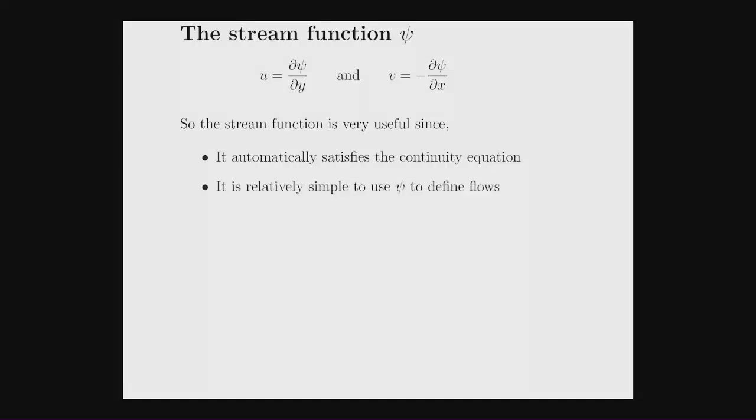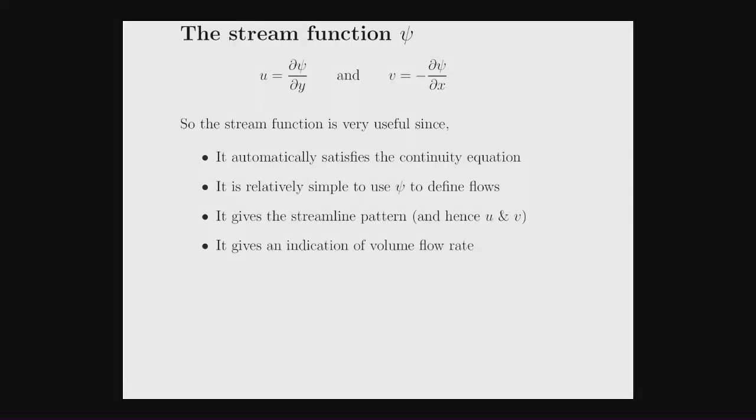Right, we've shown that. It is relatively simple to use psi to define flows. Right, we can use a source and a sink to model the smoker's problem. Okay, and because we know the streamlines of the flow, we can also know what the velocities u and v are. Okay.